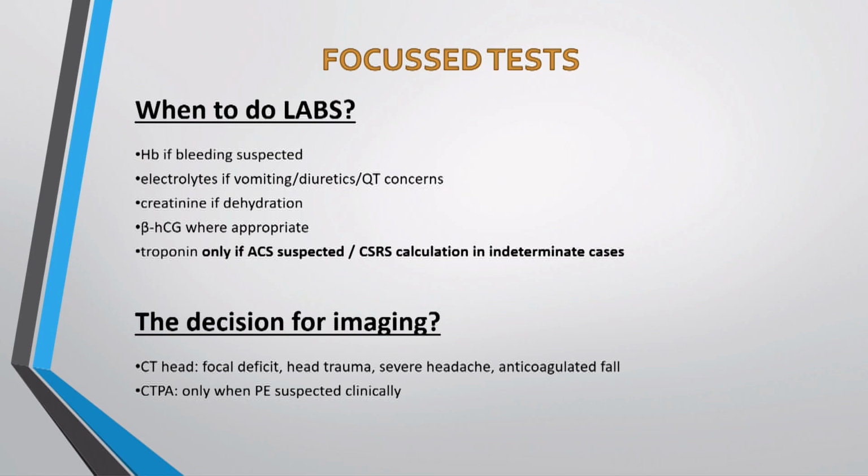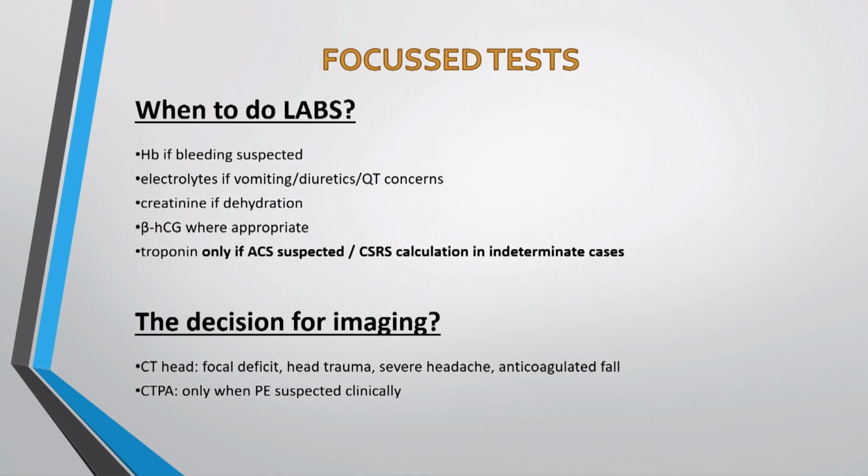If there was history of dehydration, prolonged standing, get a creatinine level done. Sometimes a pregnant woman might present initially as syncope, so when in doubt, do the beta HCG. And if you are suspecting acute coronary syndrome, yes, we can get a troponin done. So the lab investigation is mostly related to what you are suspecting.